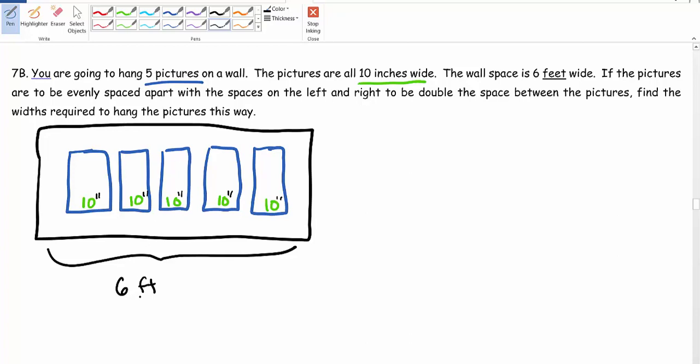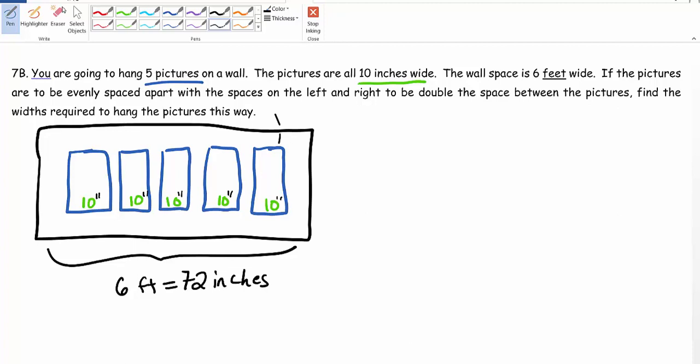Well, one thing we can do is convert this one to inches. So 6 feet is the same as 12 inches in every foot for a grand total of 72 inches. Or you could convert the pictures to feet. But a conversion has to happen at some point to relate these two numbers together.